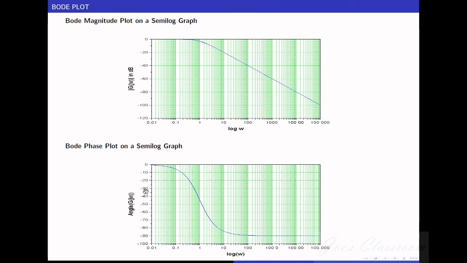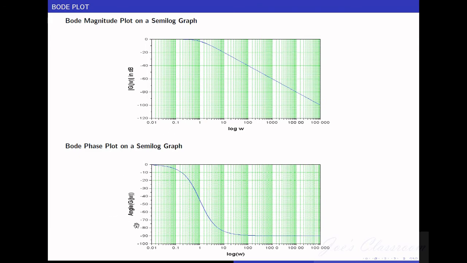Please note again, in Bode phase plot, we take the angle of the system, angle of G of j omega in degrees, and we plot it against the frequency on a logarithmic scale. This Bode magnitude plot and the Bode phase plot together, we simply call it as Bode plot.